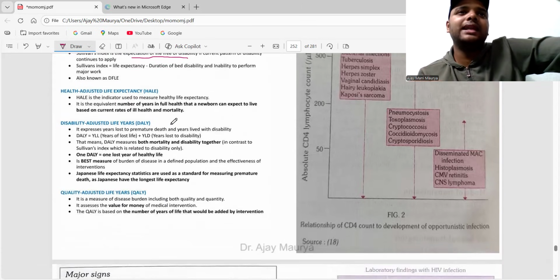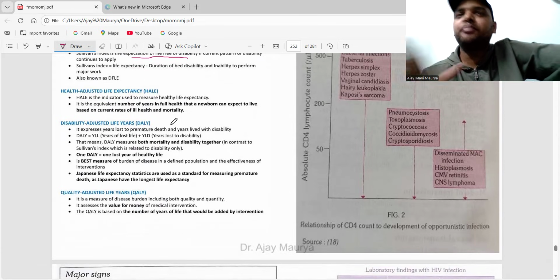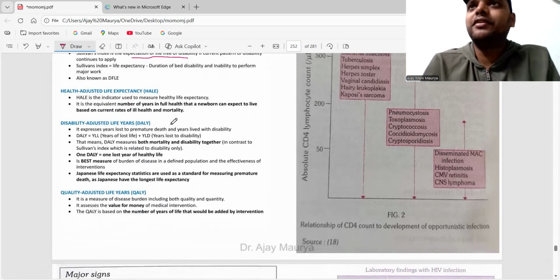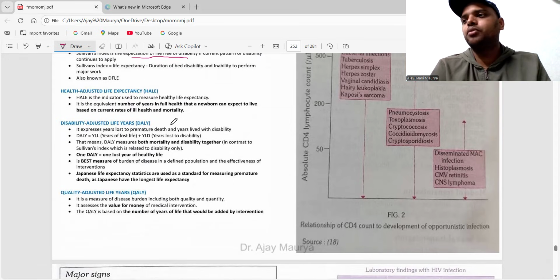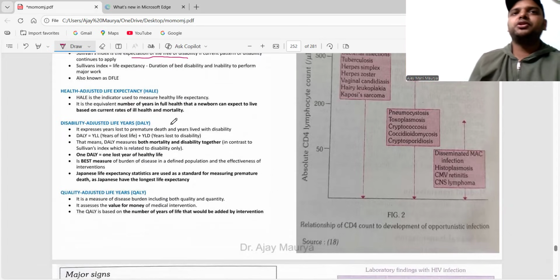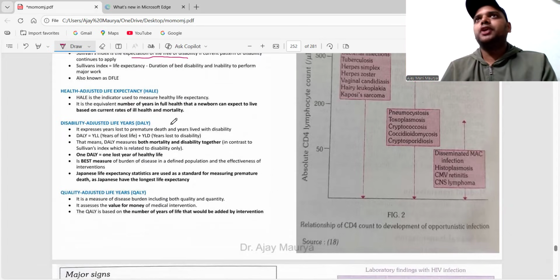Next one is the DALY. DALY means years of life lost plus years lost to disability. For example, you are 70 years old. You lived a healthy life until 54 years.